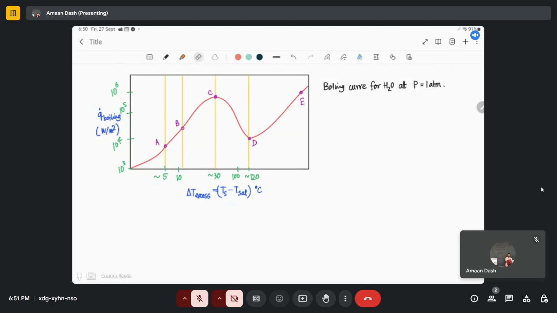In this CD region, why is the heat transfer decreasing? Because once these vapors are generated, let's say we have a liquid, and vapors will be generating something like this.